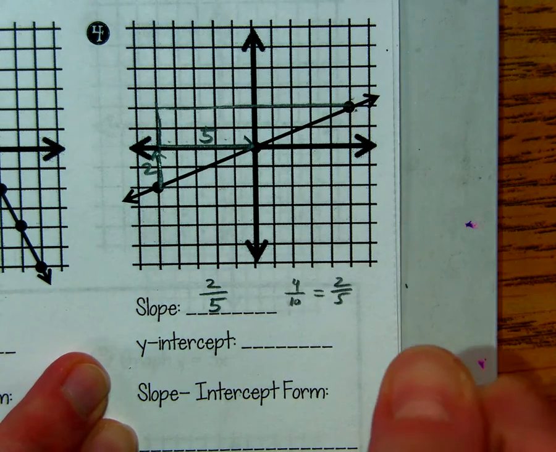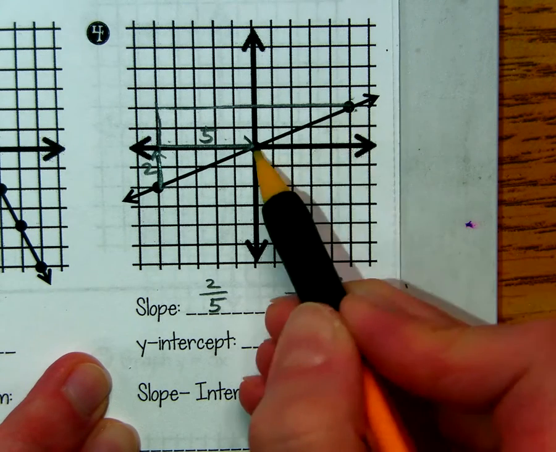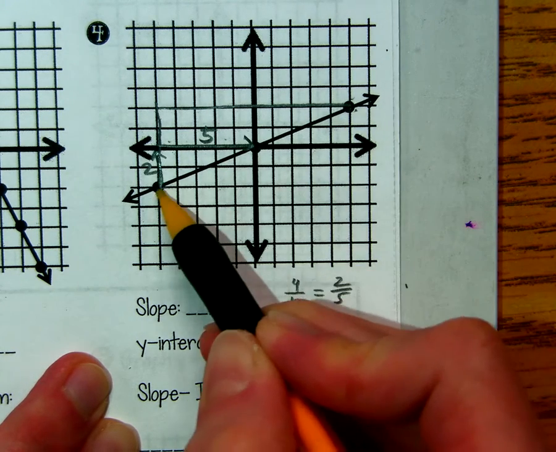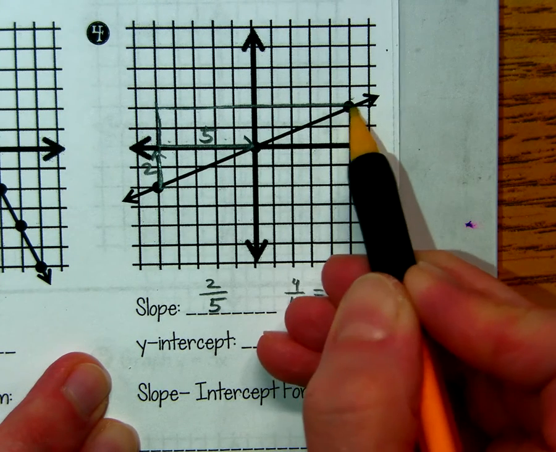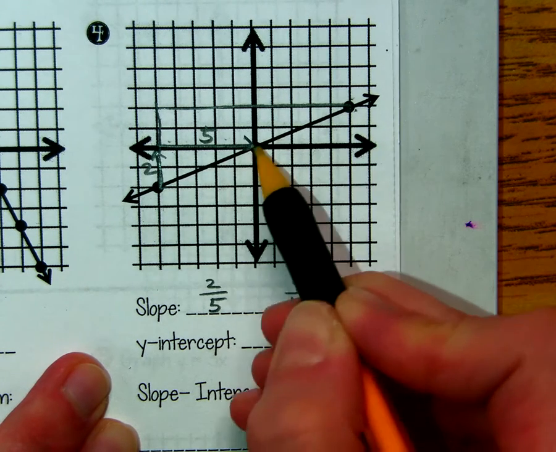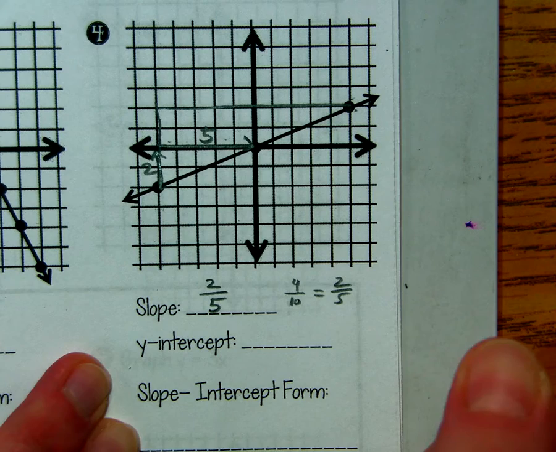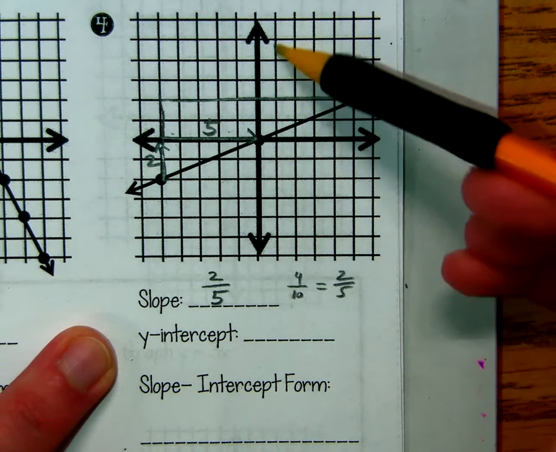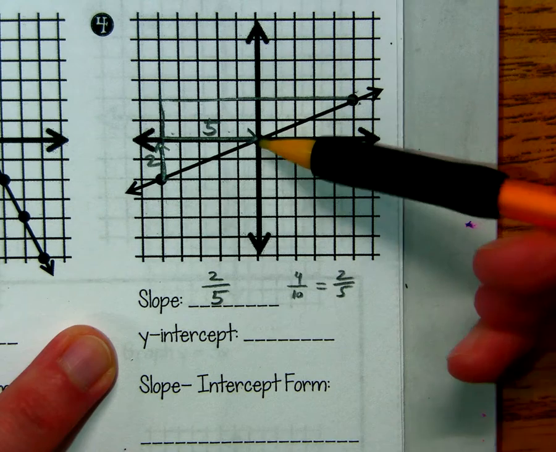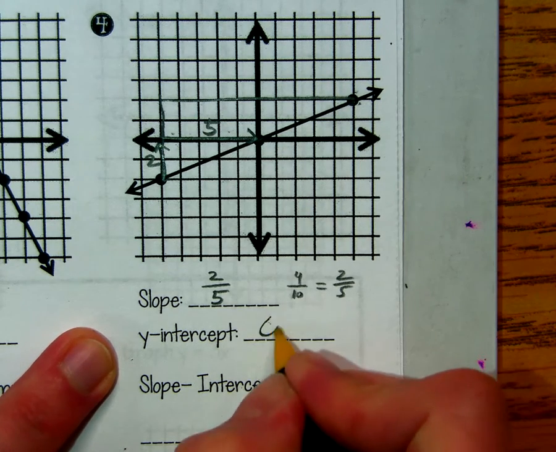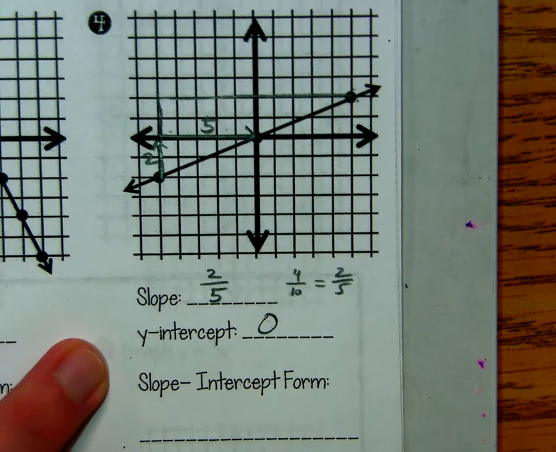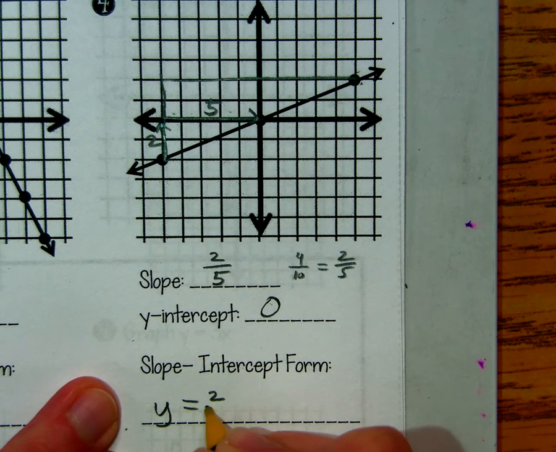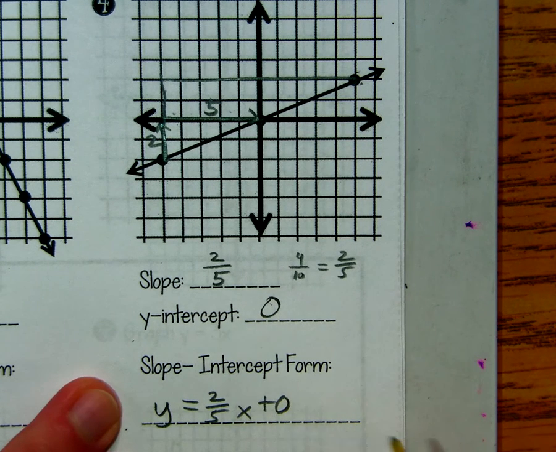You can use any 2 points that are on the grid lines where they cross. And they usually will mark these out, but if they don't mark them, then you just have to figure out some nice points to use where they cross the grid at nice numbers. All right, so the y-intercept is right there at the origin. It's crossing right there in the middle, so that is 0. So when we go to do our slope-intercept form, it would be y equals 2/5 x plus 0.